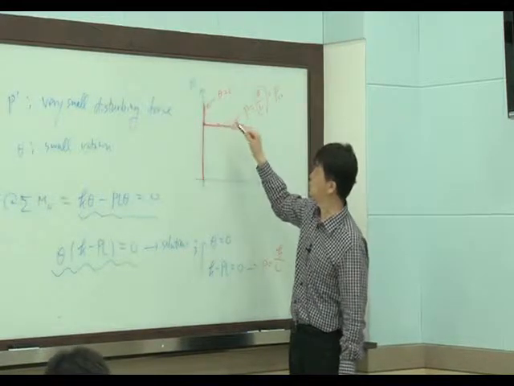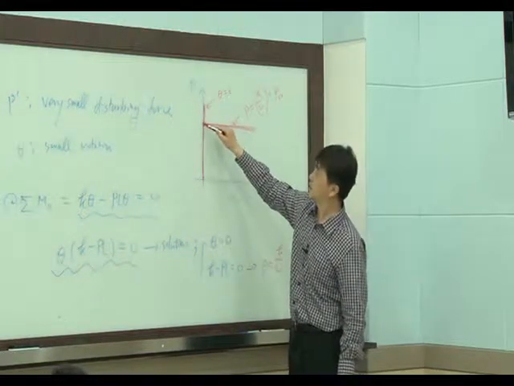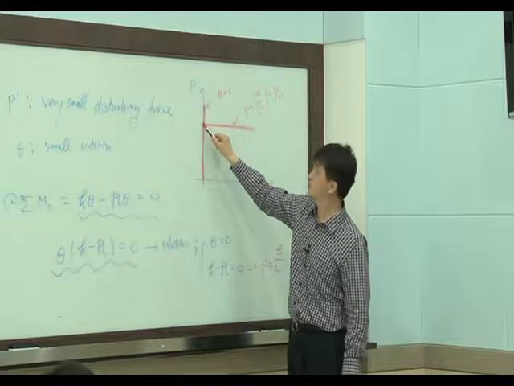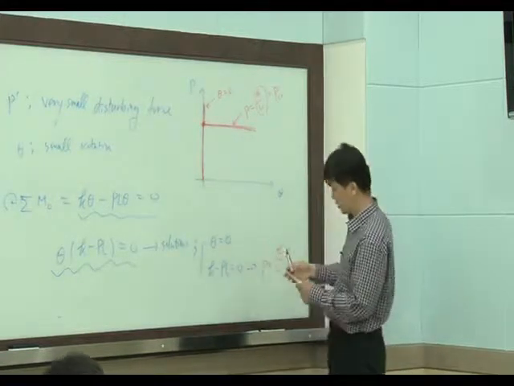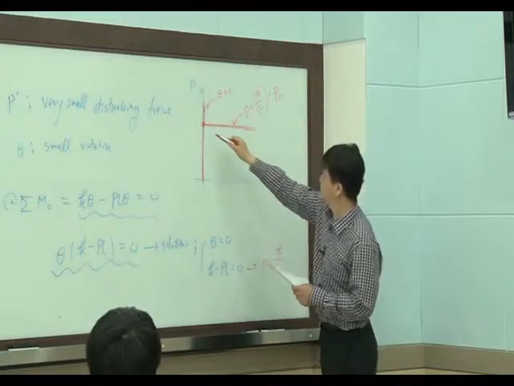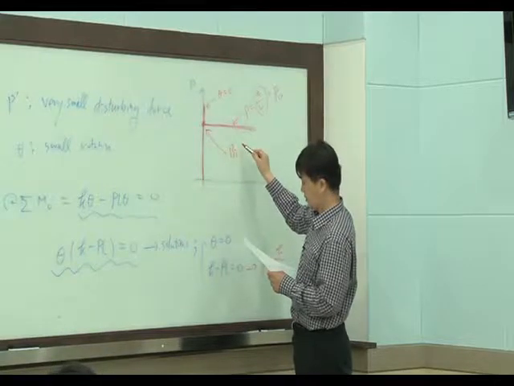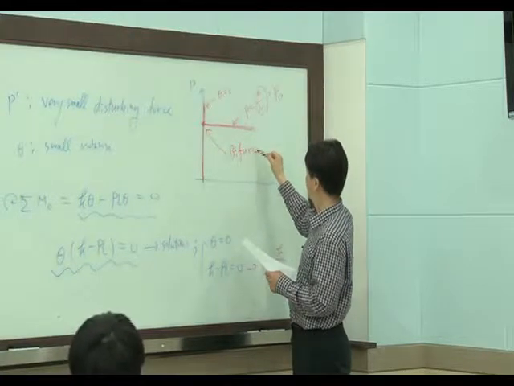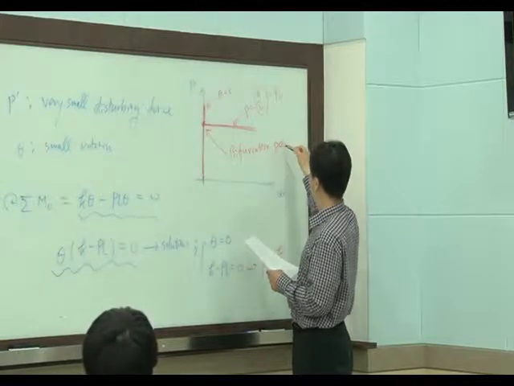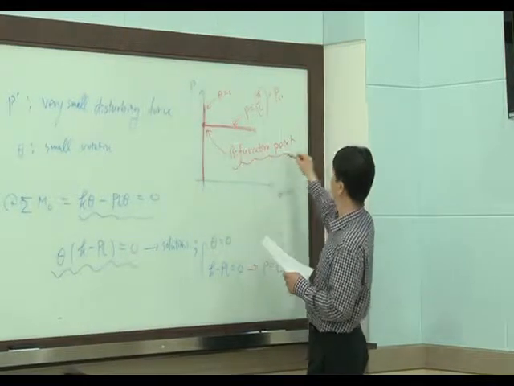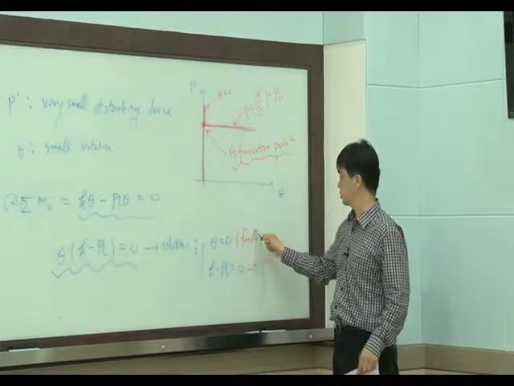So we have two equilibrium paths, and they divide at this point. We are saying this phenomenon is bifurcation, and this point is a bifurcation point. And theta equals 0 is the fundamental solution.